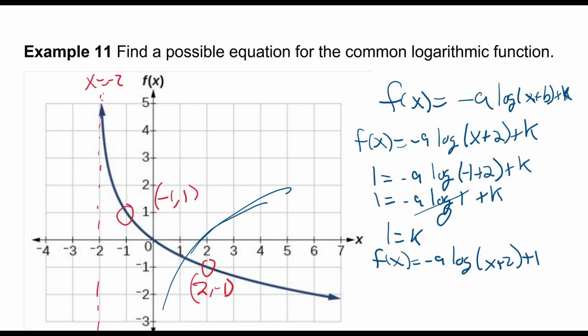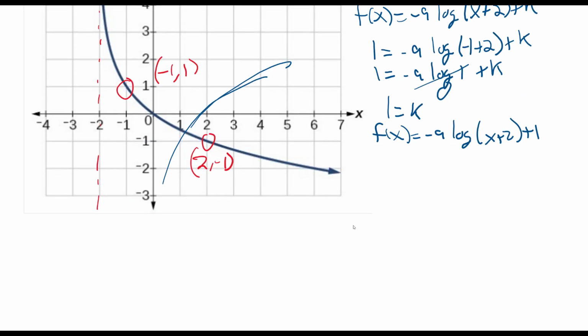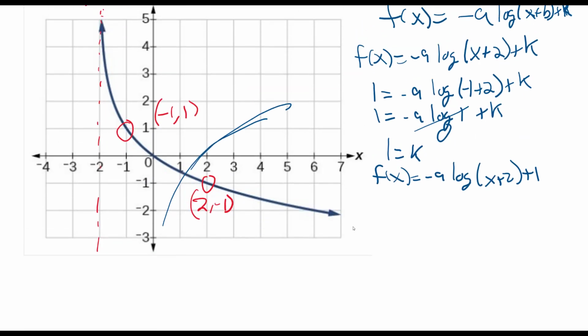So let's go to the next point that we have, and that's at 2, -1. Sorry about that. -1, it's a y value, equals -a log of, our x would be 2 in this case, so 2 plus 2, plus 1.